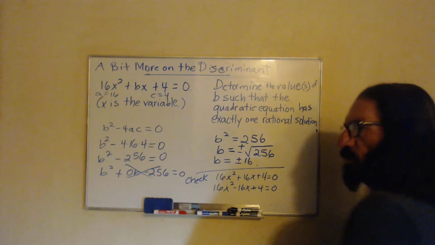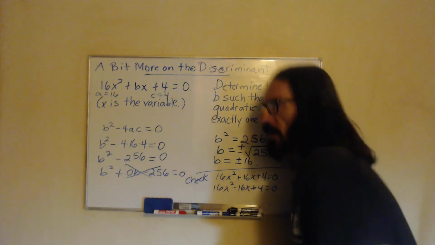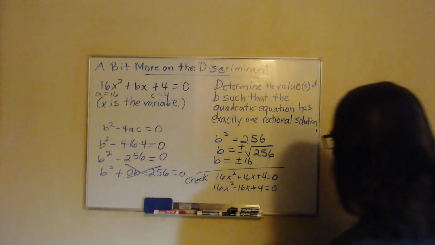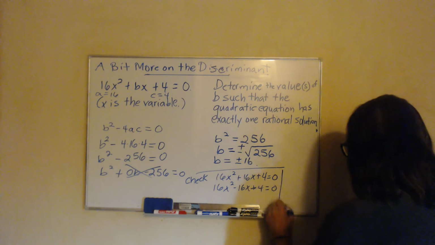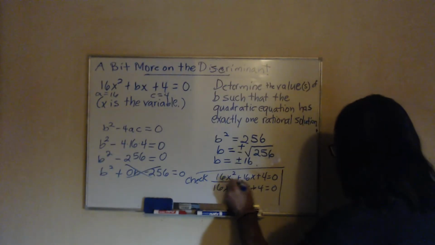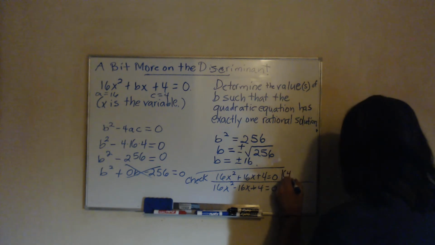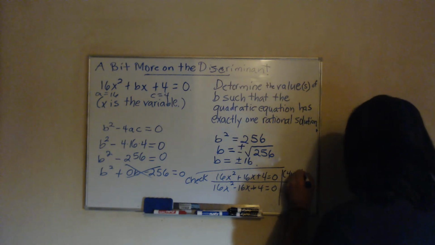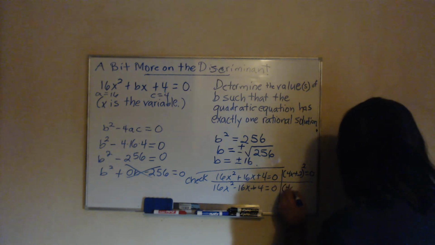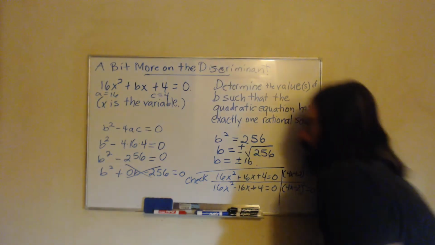Each of those you could try solving by the quadratic formula, or each of those is a perfect square trinomial: 4x plus 2, that quantity squared, or 4x minus 2, quantity squared, equals 0.